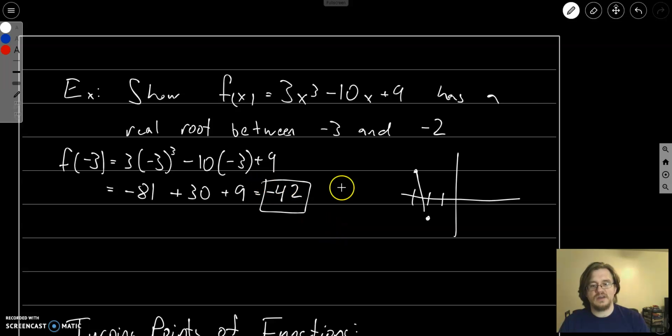So if I draw this a little bit more accurately, at -3 my function value is going to be -42, so it's going to be way down here somewhere.